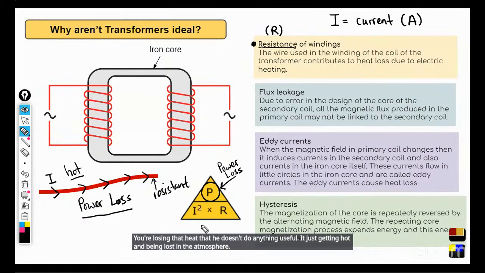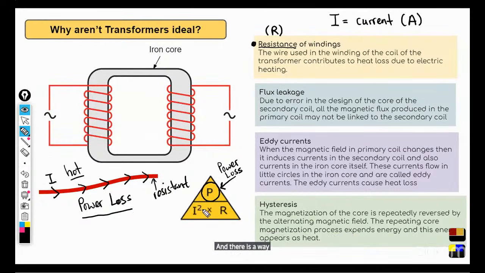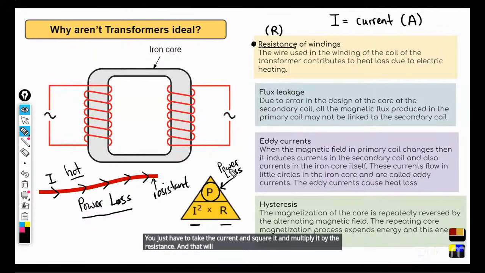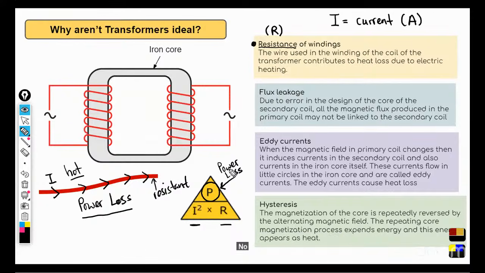And there is a way to calculate the amount of power lost. You just have to take the current, square it, and multiply it by the resistance. That will tell you how much power is lost. Now, the bad thing about it is that the larger the resistance of the wire, the more power loss it has.